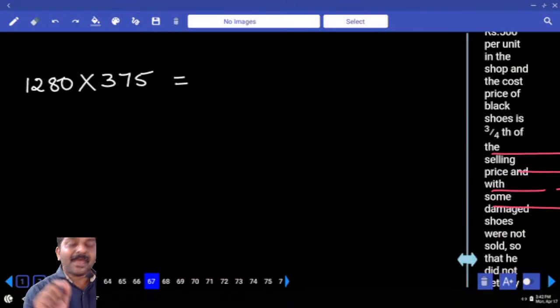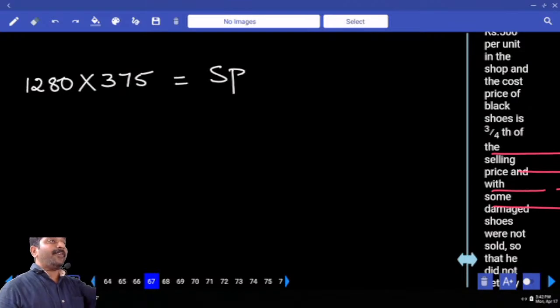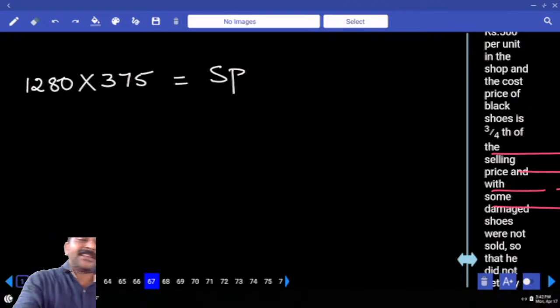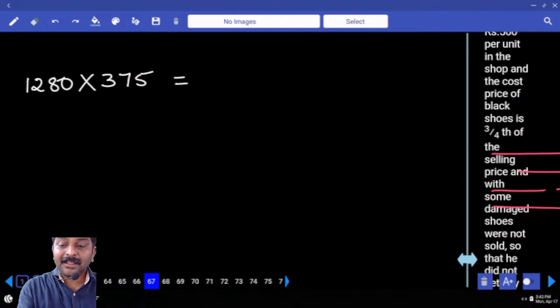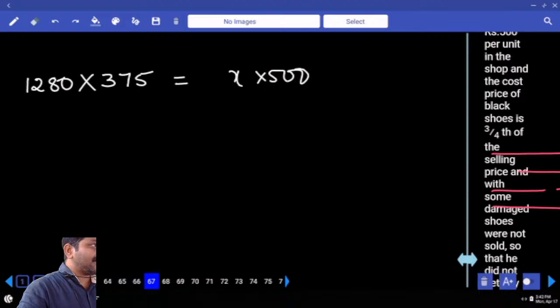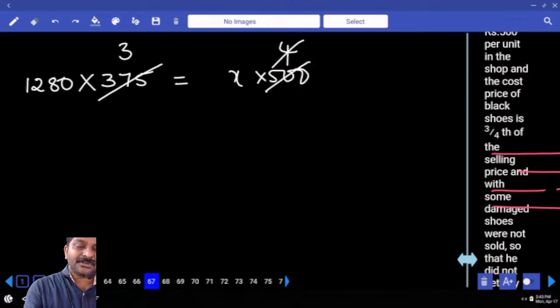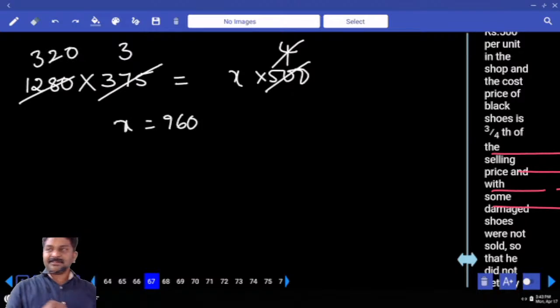This is our cost price, correct? Now, this is the same as the selling price, then only there will be no profit, no loss. Agreed? While selling, at what price per unit is he selling? And how many units is he selling? X. He is selling X units. Now, 3 times 4 times 320 times X is equal to 960.